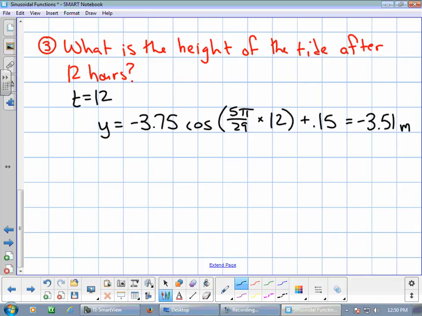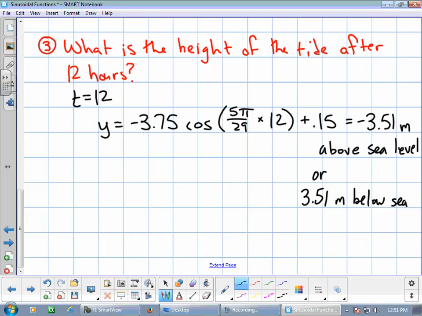And it would be in terms of meters. Our height was measured as a number of meters above or below. Above or below what? Sea level. So this would be negative 3.51 meters above sea level, which sounds a little bit silly because it's not above sea level. It's a negative number of meters above sea level. You could, if you wanted, say positive 3.51 meters below sea level.